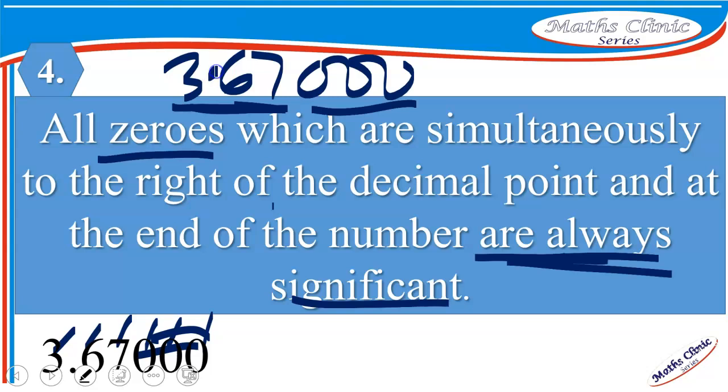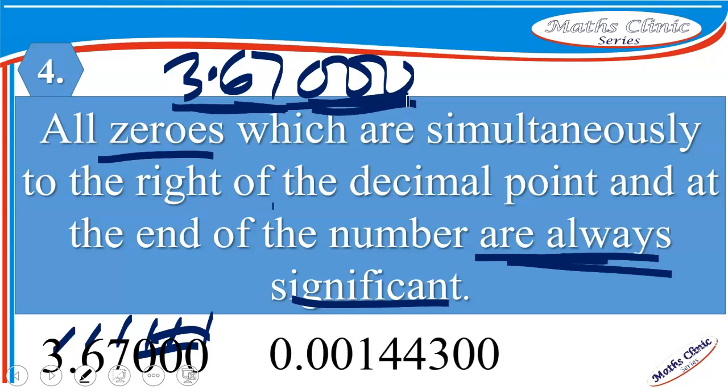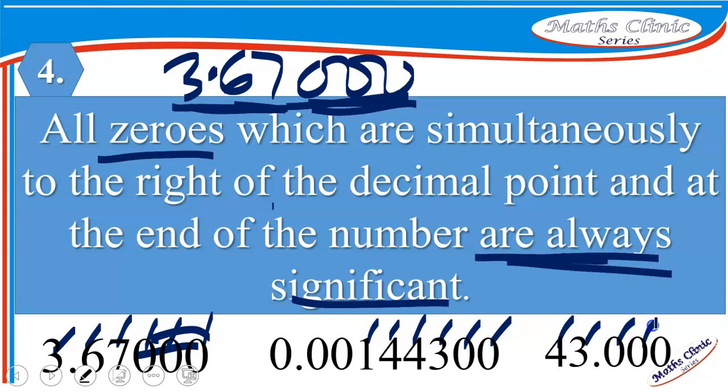But if there's a decimal point, then the zeros that follow become significant, right? So here, look at this. How many significant numbers do we have? We have 1, 2, 3, 4, 5, 6 significant figures. I hope it makes sense. Good. Then here, how many significant figures do we have? We have 1, 2, 3, 4, 5 significant figures as well.